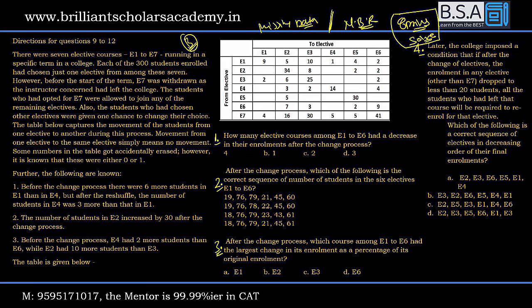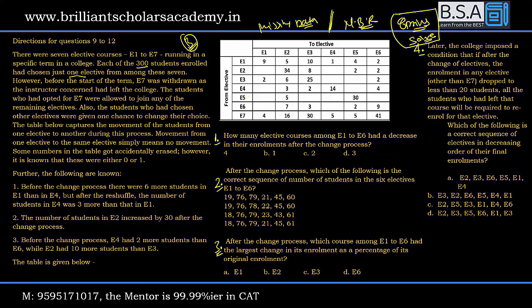There were 7 elective courses, E1 to E7, running in a specific term in a college. Each of 300 students enrolled had chosen just one elective among the given 7. So I expect there to be 300 people in this chart who have selected some elective among the 7.